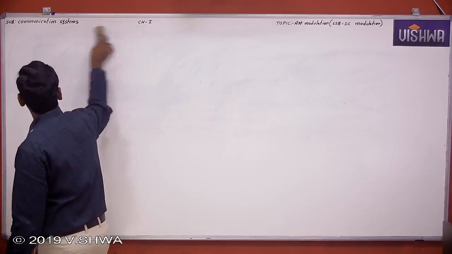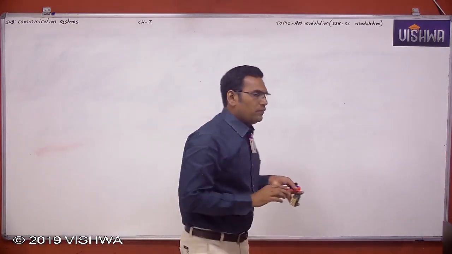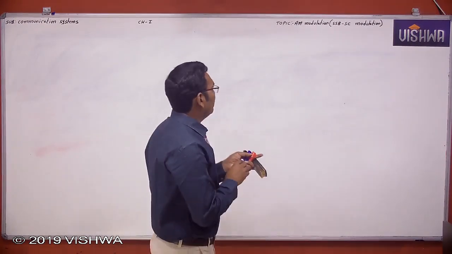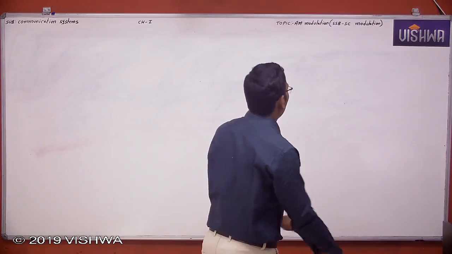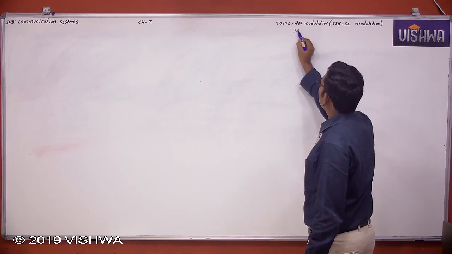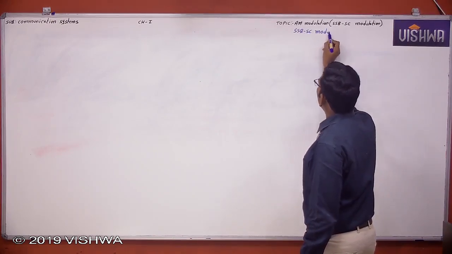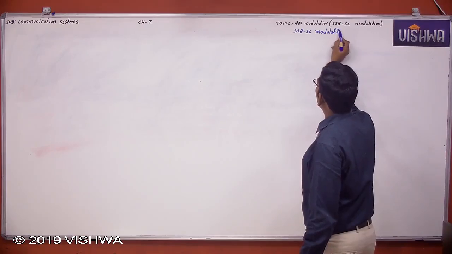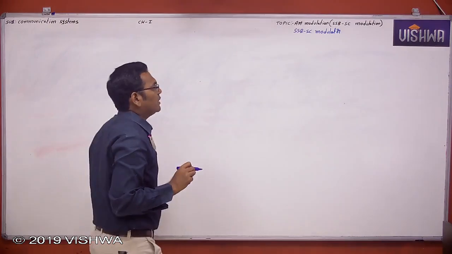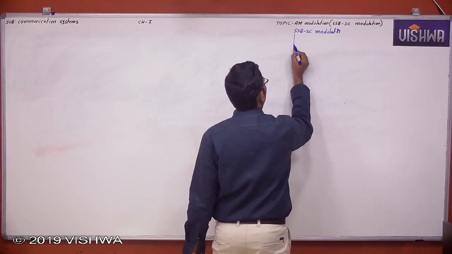Now we will see the generation as well as bandwidth calculations parallelly. So now in SSB-SC modulation, I want to see SSB-SC modulators. What are the different modulators to generate an SSB-SC wave? There are two methods to generate an SSB signal.